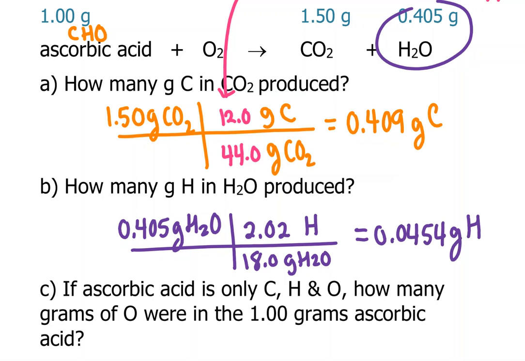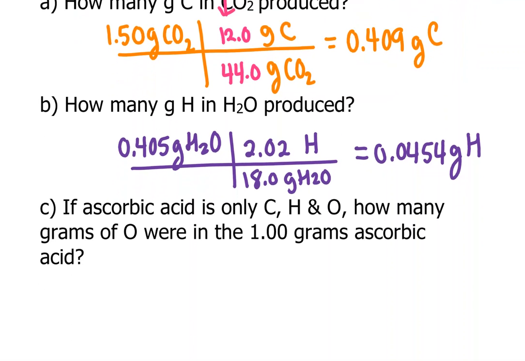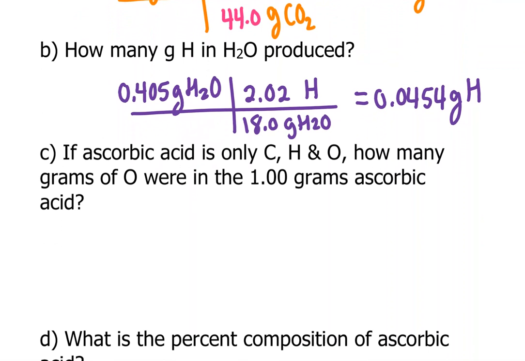Okay, well, I know how many grams of carbon and hydrogen I had, and remember, this might be the mass of what's in the products, but it is also the mass of carbon and hydrogen that was in our original ascorbic acid. And so how I figure out my oxygen is that I know that there was a total of 1 gram in the ascorbic acid.